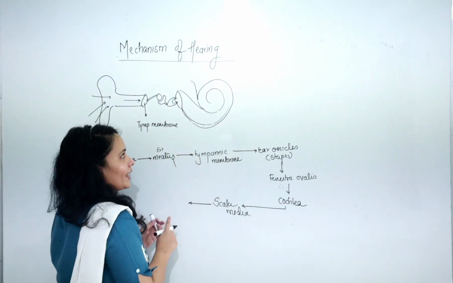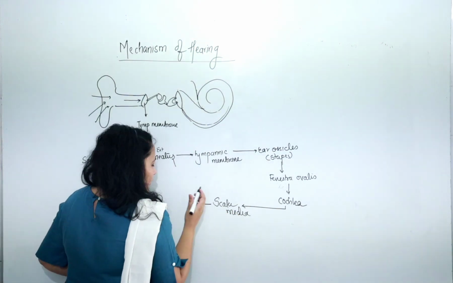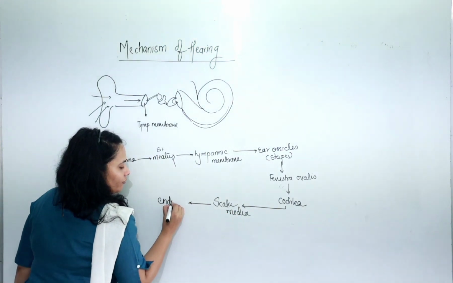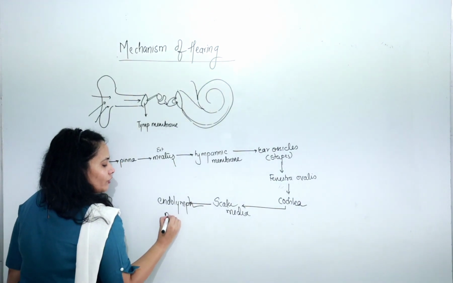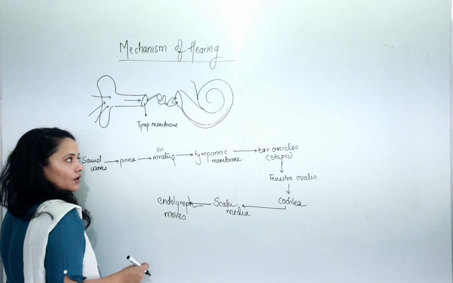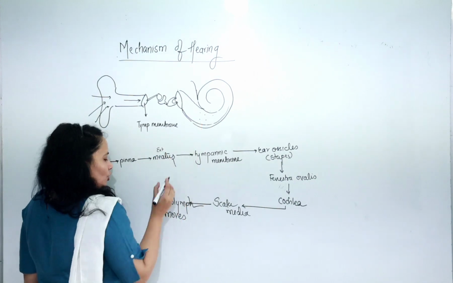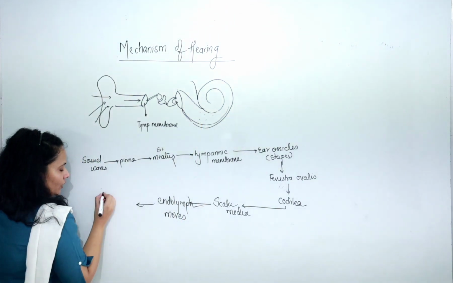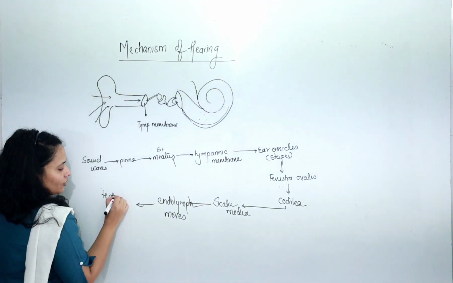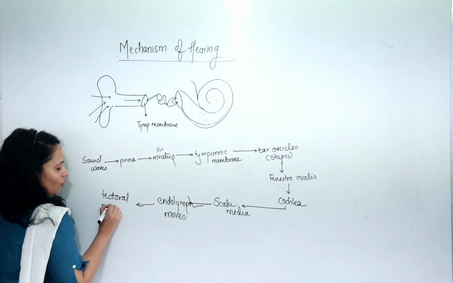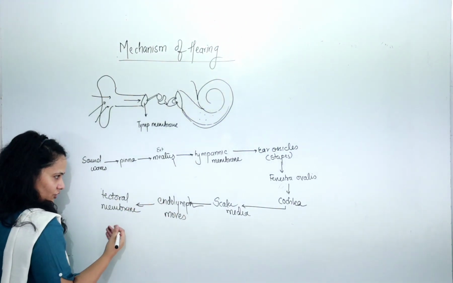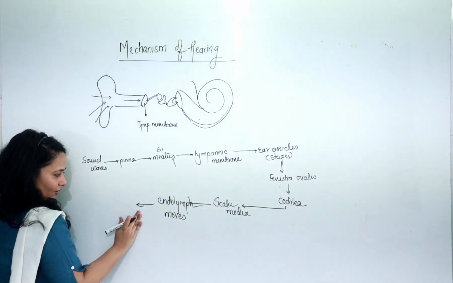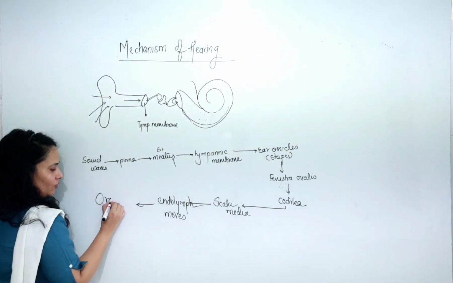Once it goes to the scala media of this cochlea, there is a movement of endolymph. So endolymph moves inside this, which in turn will move the tectorial membrane of the organ of Corti. Or we can directly write that it will be transmitted to the organ of Corti.